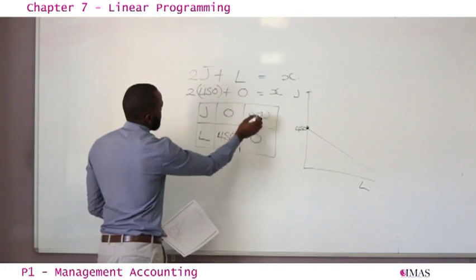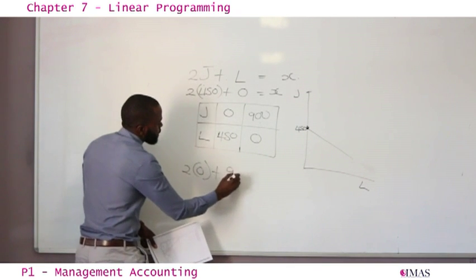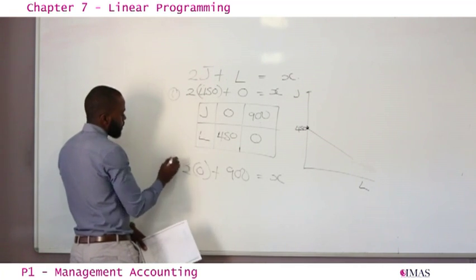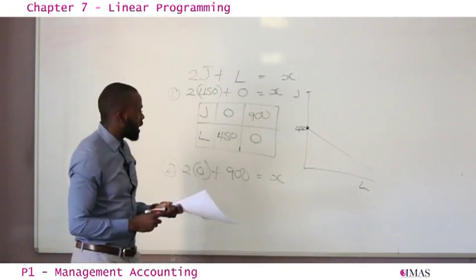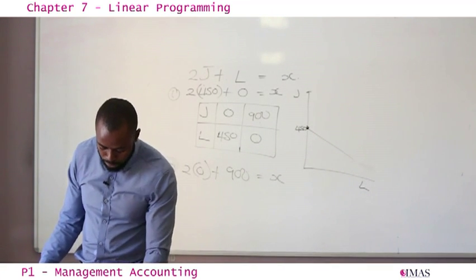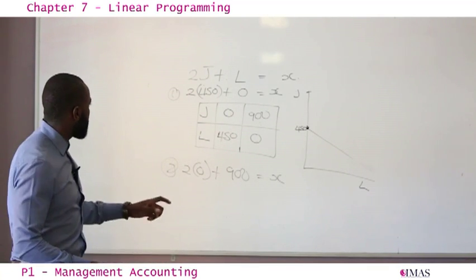Now let's replace this into the equation. Say 2 times 0 plus 900 is equal to x. We still get the same answer. Our x is equal to 900. So that's the maximum amount of material that is available.